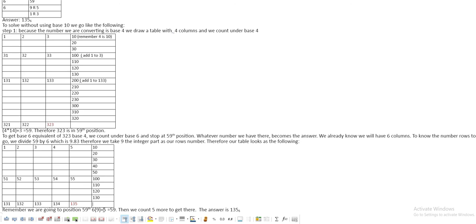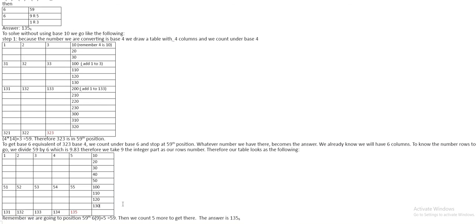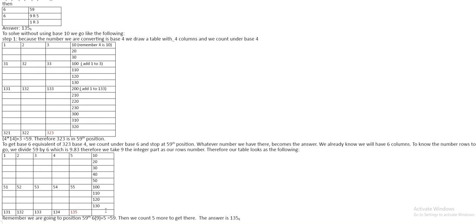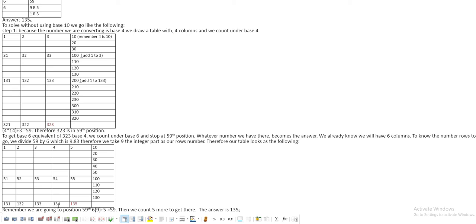So your remainder is 5, because 6 times 9 gives you 54, and 54 plus 5 takes you to the position where you're going, to your destination. So your remainder counts 131, 132, 133, 134, 135. That gives you the answer in base 6.